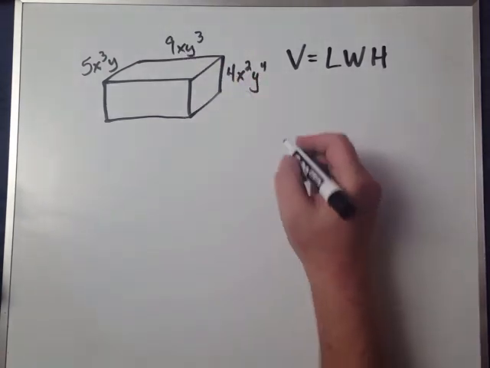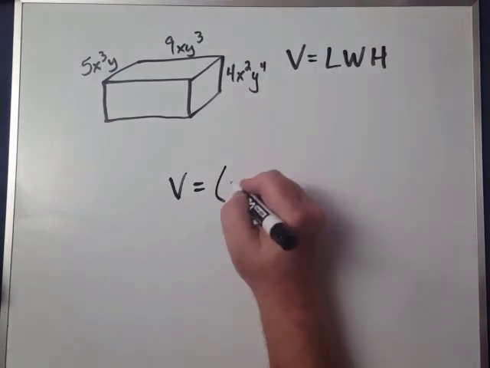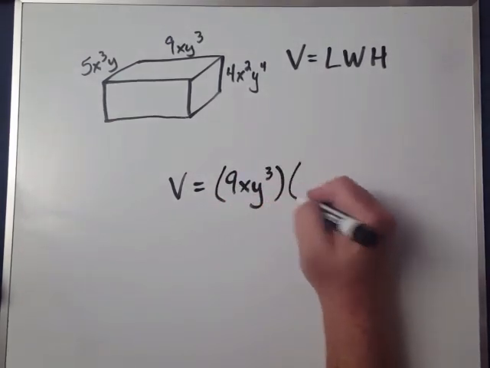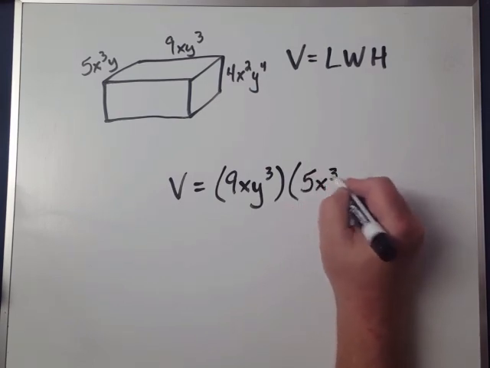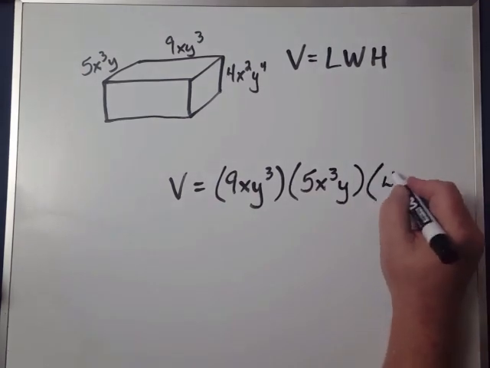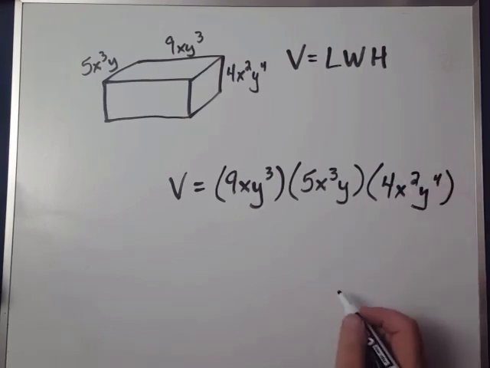I think most of us would call the length that 9xy cubed. And I bet most of us would refer to the 5x cubed y as the width and the 4x squared y to the 4th as the height.